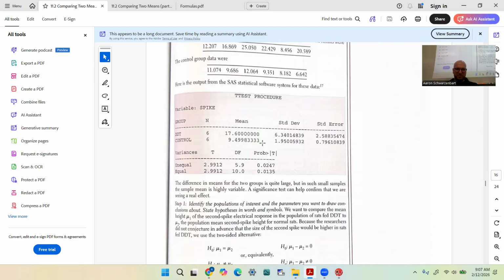So we look at these. We can see we have different means and different standard deviations. If I'm running a test, I would use H naught this. So looking at my output, I've identified my population of interest.